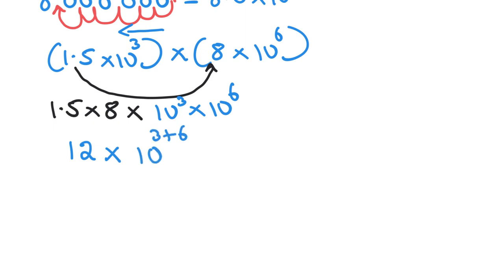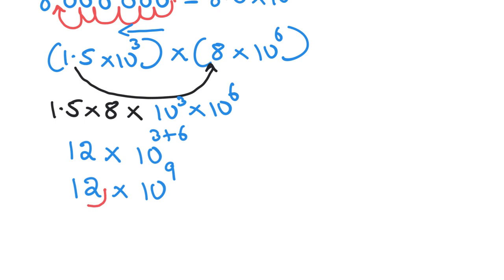So our answer is 12 into 10 to the power 9. But wait a minute. Is this number in standard form? It is not. Why? Because this number is not between 1 and 10. So let's make this in standard form. The decimal point is here.